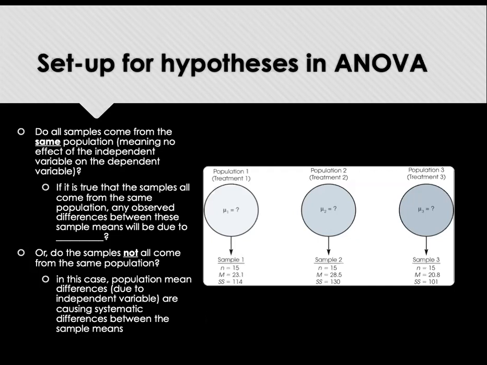So in this case, the sample means are different, and they're not just different due to sampling error, they're significantly different, and it must be due to differences in the population means themselves, right? And we would conclude that there is an effect of the independent variable. So this is our null and alternate hypotheses in an ANOVA.